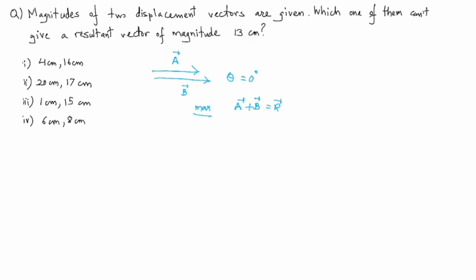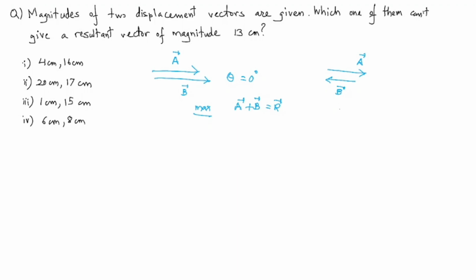If we have a vector going back to b vector, right? This means b vector is going in the negative direction.